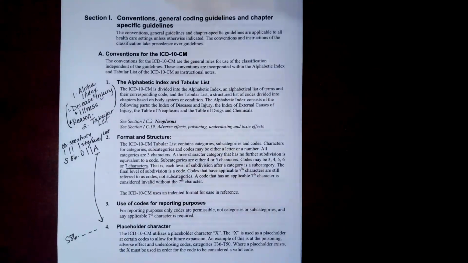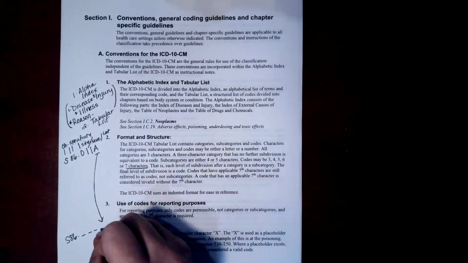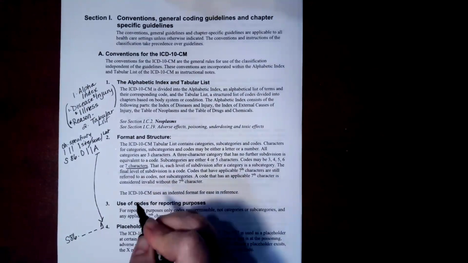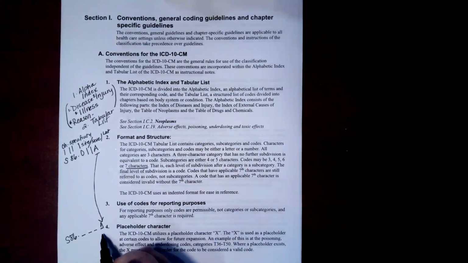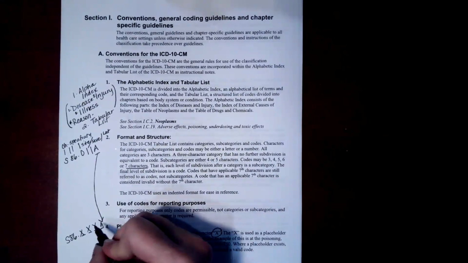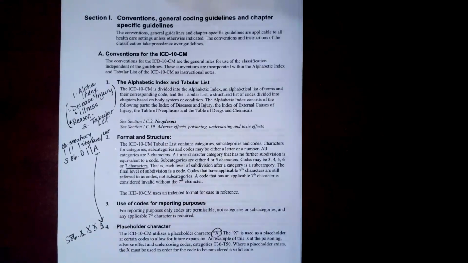But if it requires a 7th character, that 7th character of A or D or S, that is the only location that it can be in. And so they're advising us to use the X character as a placeholder for that site, severity, and laterality that doesn't exist with that code, but still requires that 7th character.